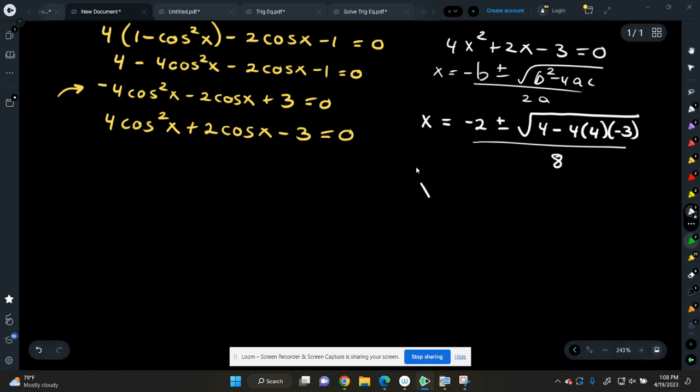So we get x equals -2 plus or minus the square root of 4 plus, say, 16 times 3 is 48 over 8.